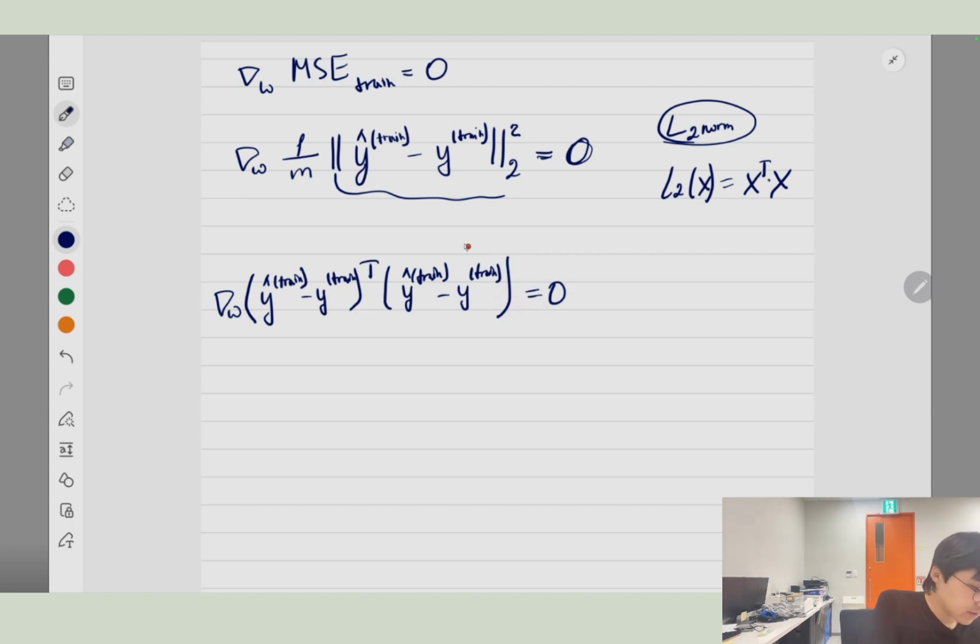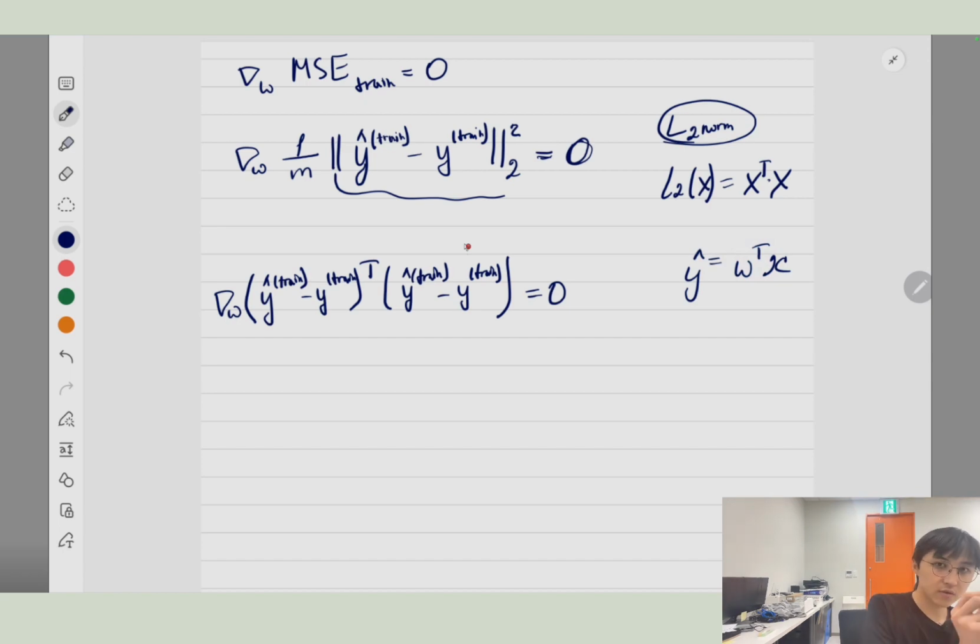How can we represent y hat? We said y hat is weight transpose x. So we will write it as that. Look at the screen.